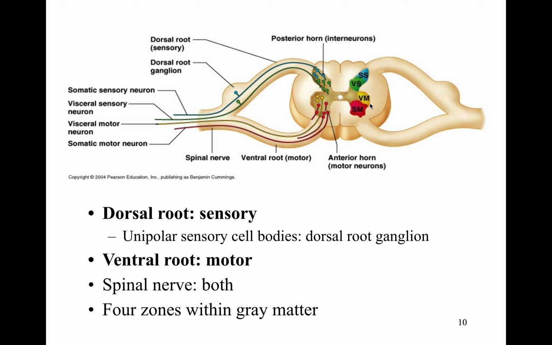In our lateral horns of gray matter, we're going to have motor neurons that are sending motor output to our autonomic nervous system, or our viscera, or our organs. And then in our ventral horns of gray matter, we're going to have motor neurons of our somatic motor division concerned with motor output to our skeletal muscle. So we have 4 different regions within that gray matter.